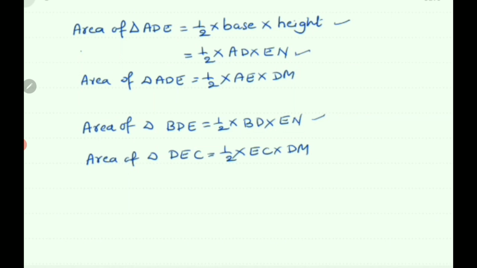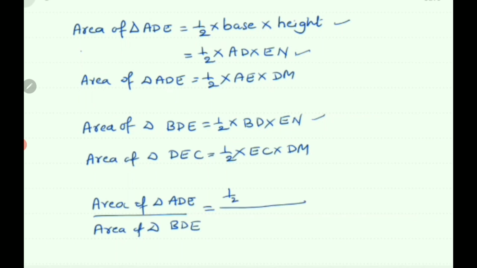So you take area of triangle ADE by area of triangle BDE. That is equal to half into AD into EN, and the area of the triangle BDE is half into BD into EN.